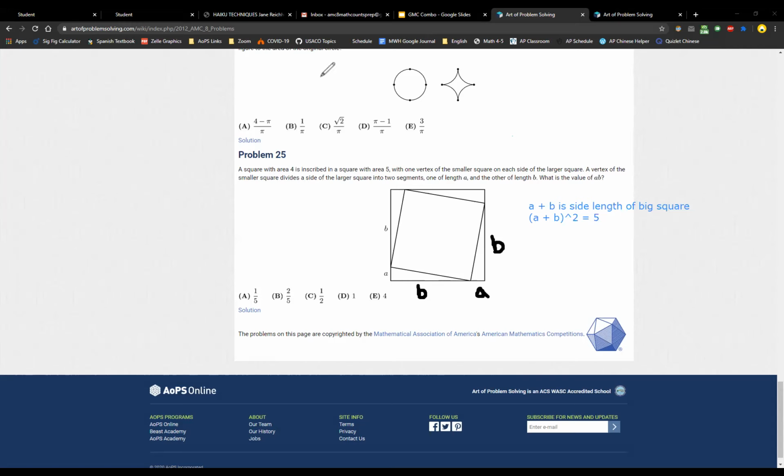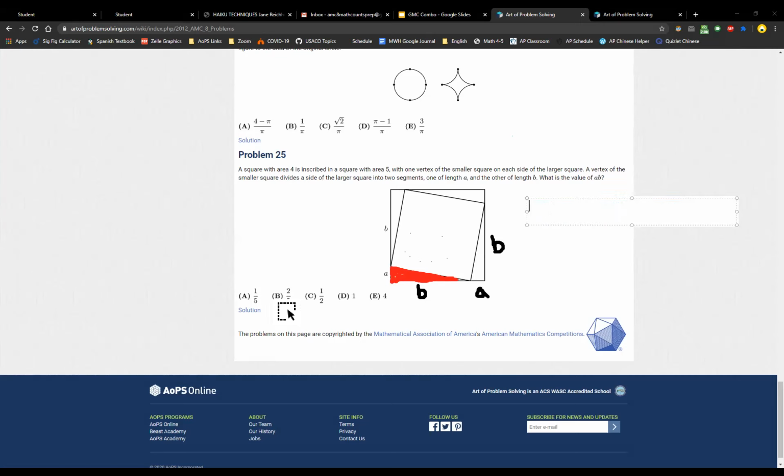So let's consider one of these triangles. Oh wait, just kidding, I'm bad. This is how you can tell it's a live solve, because I messed up and this is wrong.